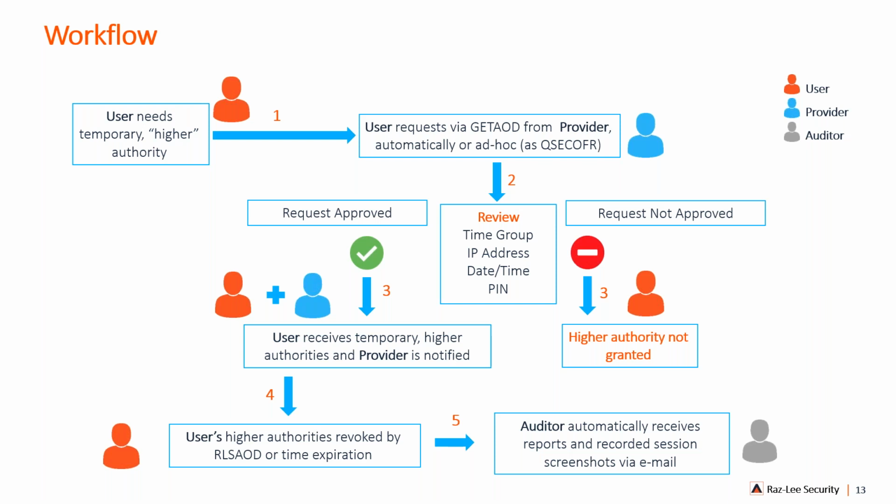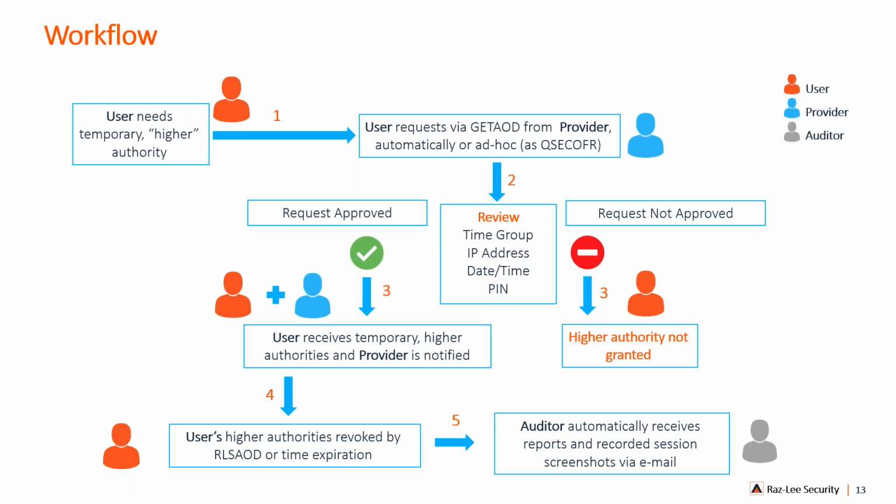But if there's some mistake or someone wants to try this rule to get unauthorized access to the system, the request will not be approved and the higher authority not granted. So it's not possible to get the access without knowledge about the PIN code, knowledge about the provider name, and maybe it can be limited to IP addresses, to your VLAN, in your office, on your site.